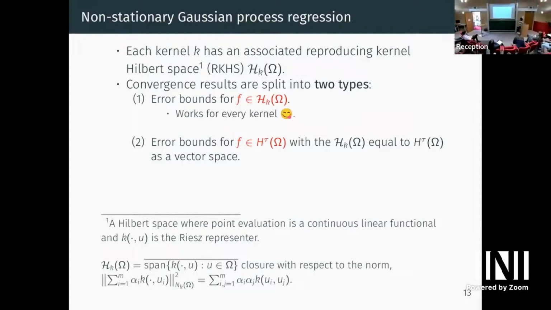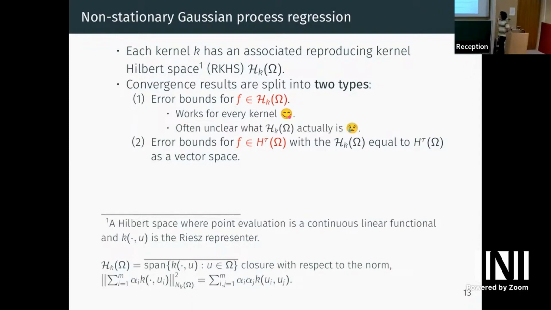One of the things about the native space is that it's great because it works for every kernel, so it's very general. But the big issue really is that it's often unclear what this native space actually is. So this is the definition down here.